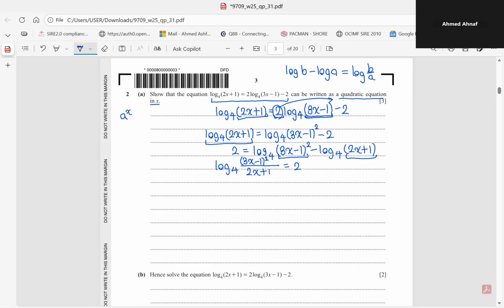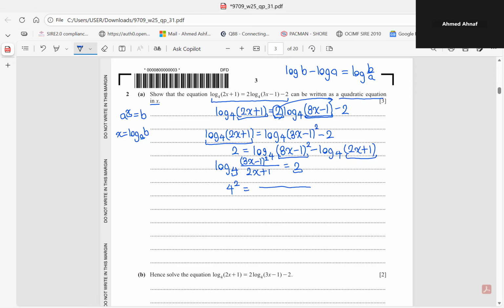Let's say a to the power of x is b, and we can re-express x as log base a of b. So we're going to use this idea. Let's take our base, which is 4, and raise it to the power of 2, which equals this answer, 3x minus 1 squared over 2x plus 1.